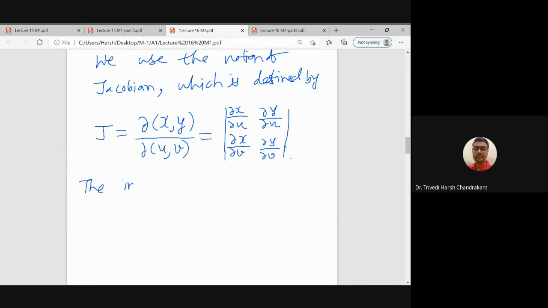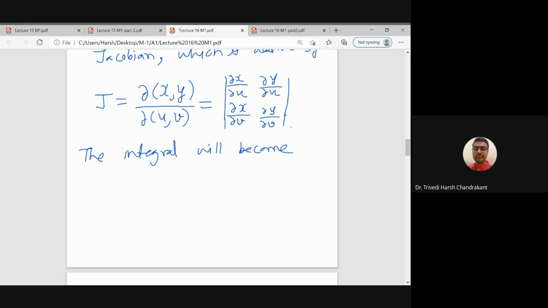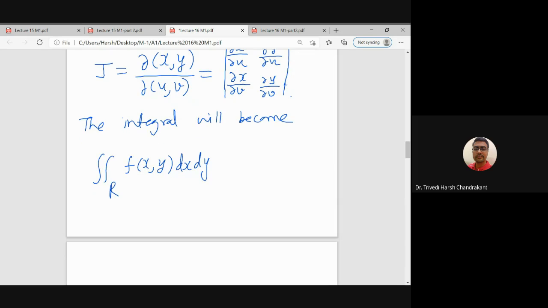So suppose our original integral is the integral over R of f(x,y) dx dy. Then we substitute all these values, and it becomes a double integral over T, where T is the corresponding region in the uv variables.